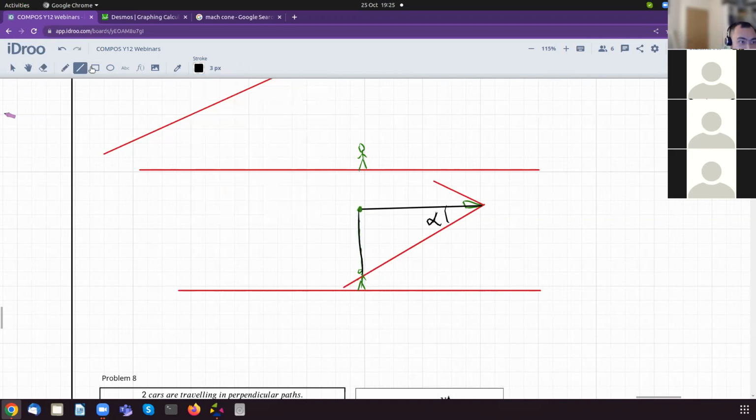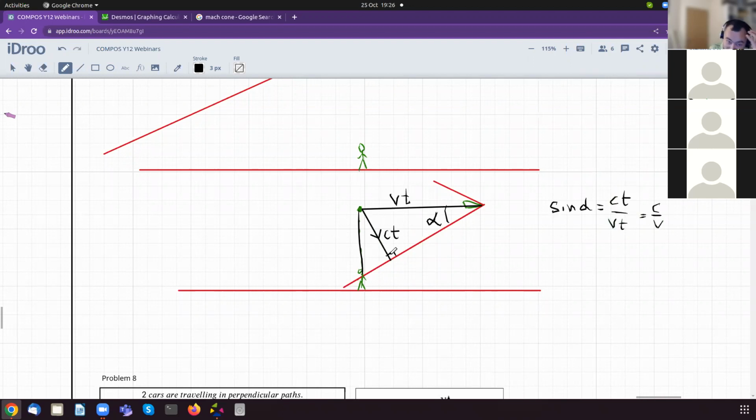Now this is the distance traveled by the plane, so it's VT, and this is the distance traveled by the sound in the same time, which is CT. So we can say that sine alpha is equal to CT, the opposite, divided by VT, which is C divided by V.